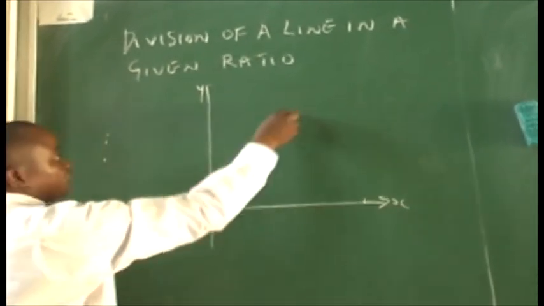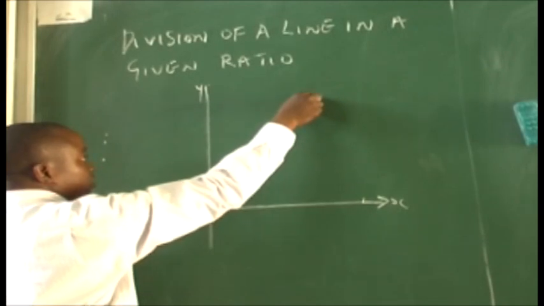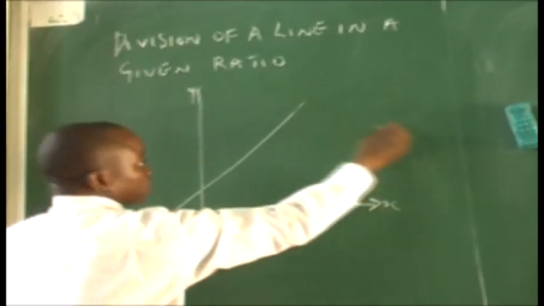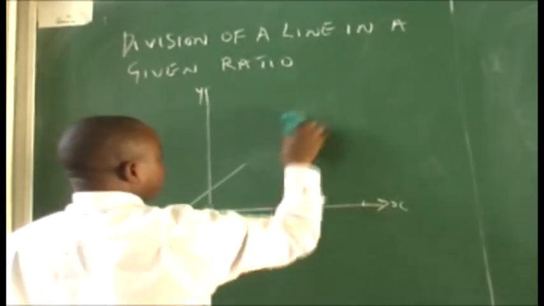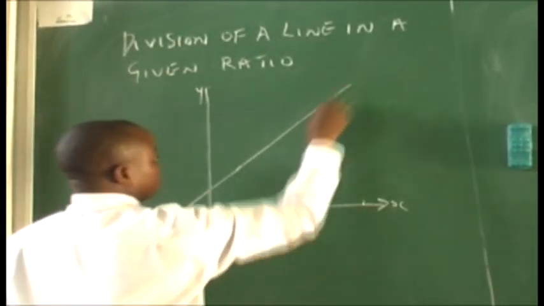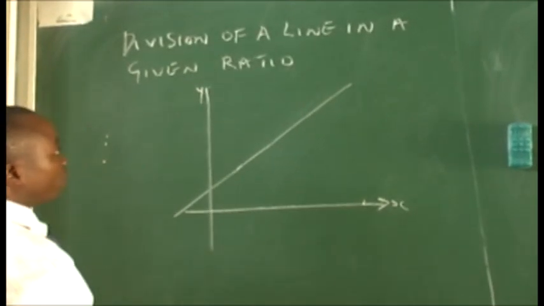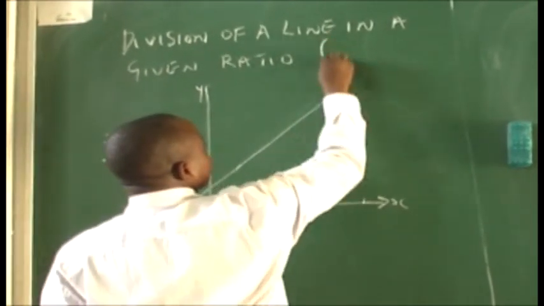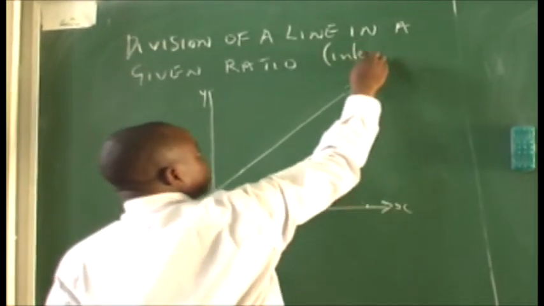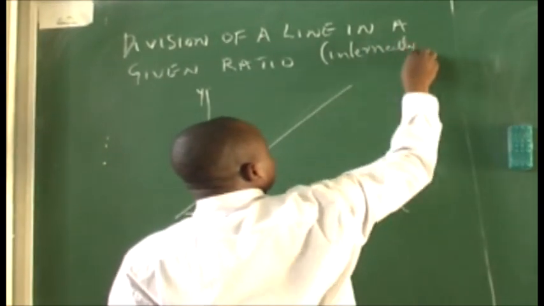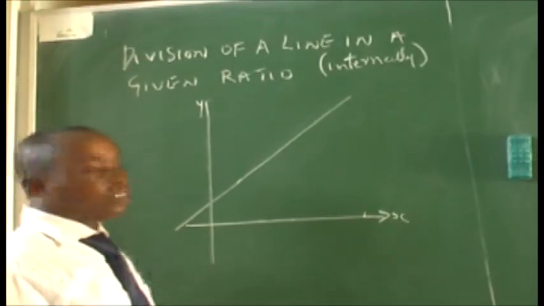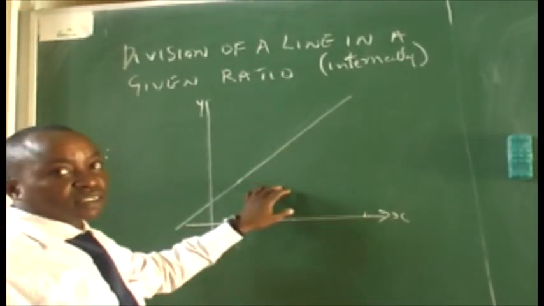Now suppose a line divides this plane this way. But don't forget, we have internal division and external division. This one we are looking at is internal division.